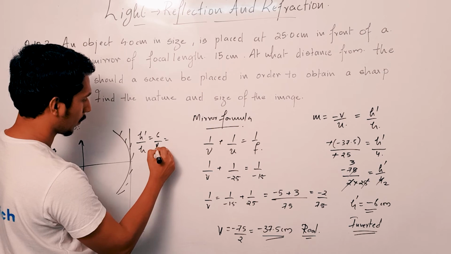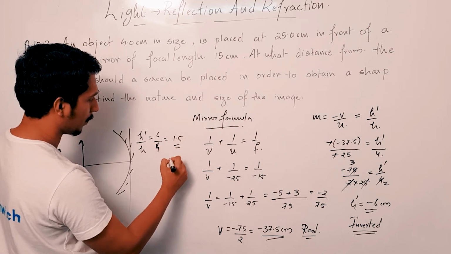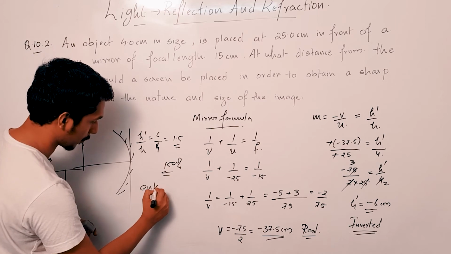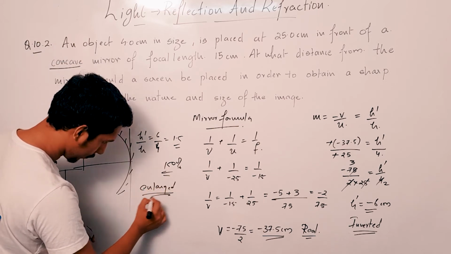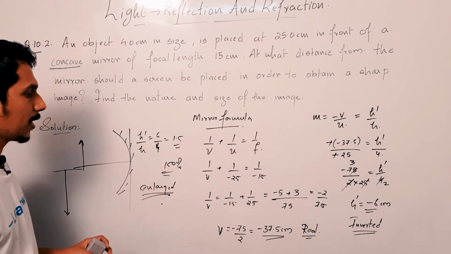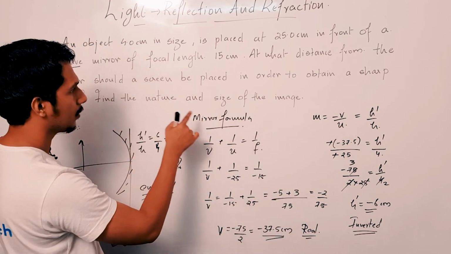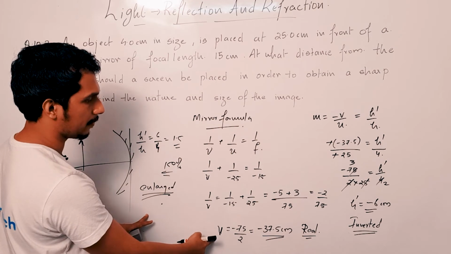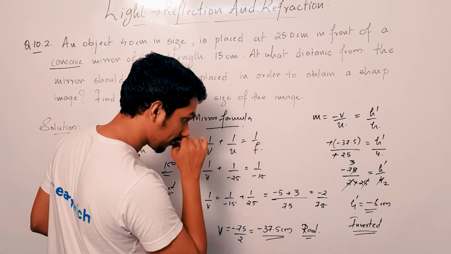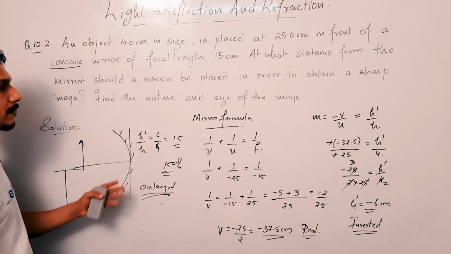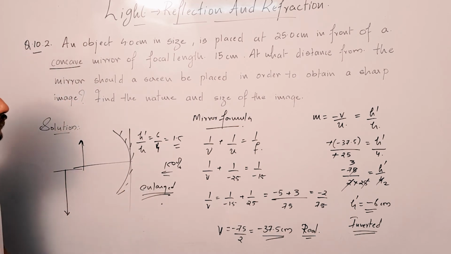So when you solve it, you get 1.5, that is 150%. So it's an enlarged image. So it is real, it is inverted, and it is enlarged. Position is not asked anywhere. With that, this question is also finished.